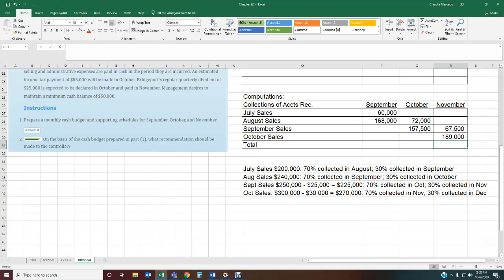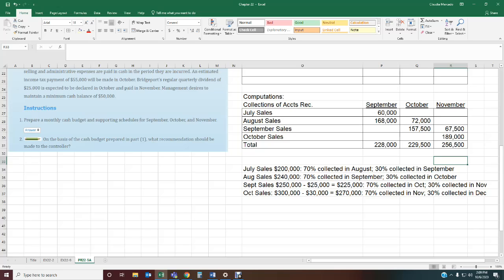That is not included in the 3 months that we're analyzing, so we're going to exclude that from our calculations. Now I can get my totals. I'm going to add my total for each column for September, October, and November. That is how much I anticipate collecting in my accounts receivable based on my sales on account.